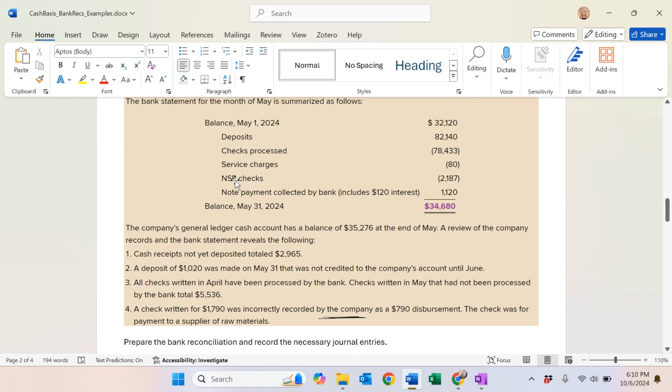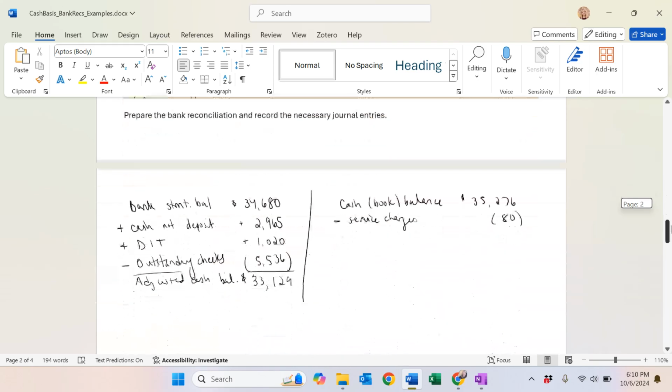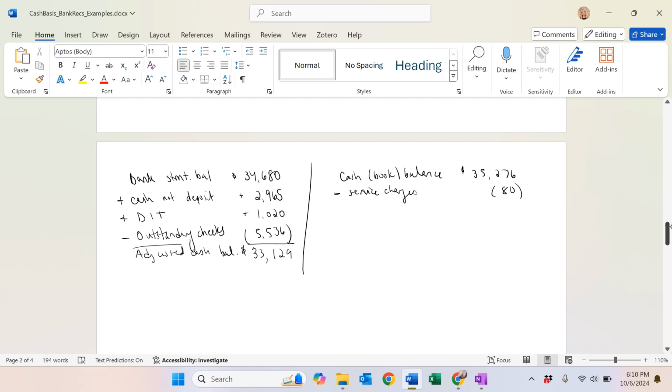We have NSF, non-sufficient funds, checks of $2,187. So we thought we got the cash when we got the check from the customer. Turns out we didn't. When we looked at the bank statement, we see those never cleared. We need to then call the customer and tell them and charge them. But for now, subtract out $2,187.